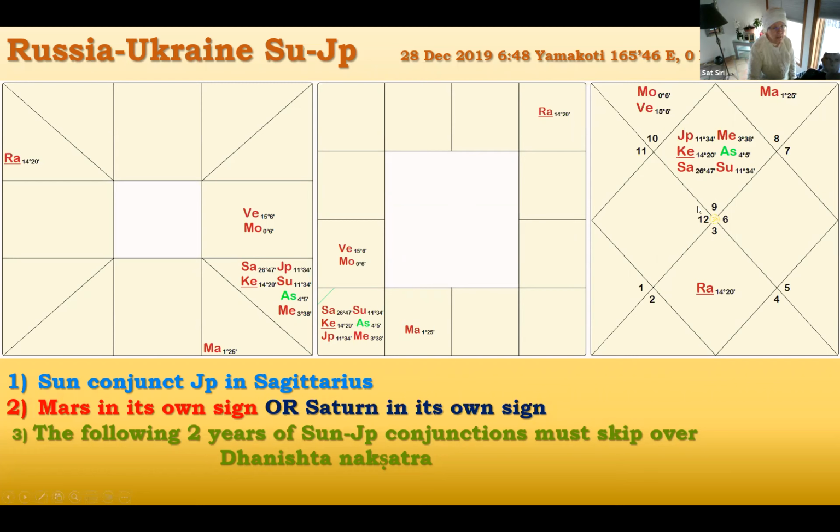Now, we see here that the conditions for war are met because Sun is conjunct Jupiter in the 12th degree of Sagittarius in Mula, the root chakra. And we have Mars in its own sign in Scorpio. And in the following 2 years, the Sun-Jupiter conjunctions are not in Dhanishta.